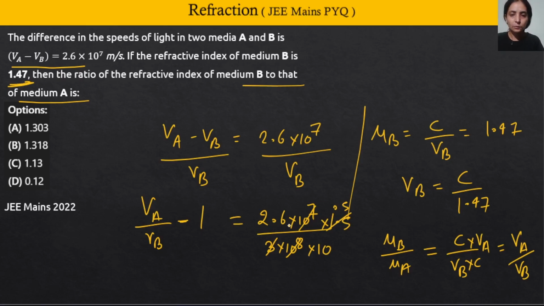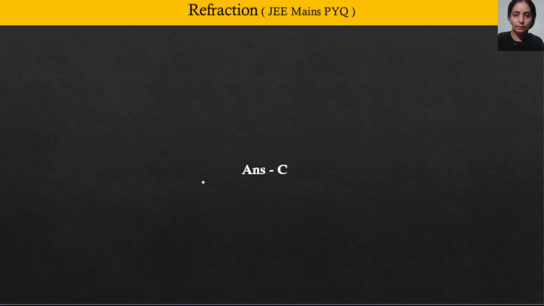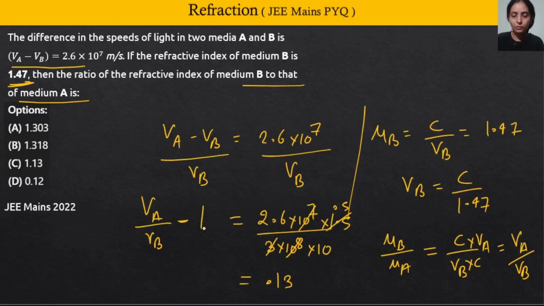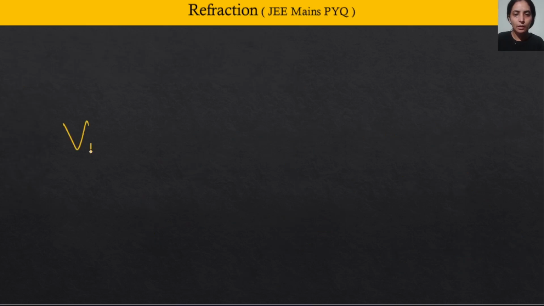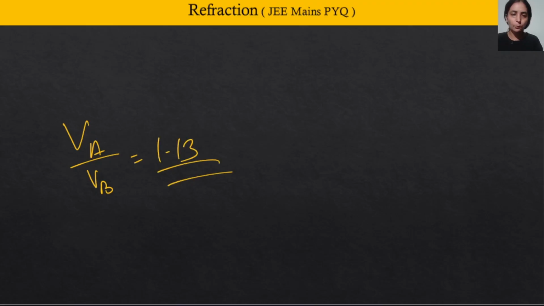So this will become 1.3 basically, and then this will become 0.13, right? So VA minus VB over VB is 0.13. Done. So the correct answer should not be B, it should be C. Let us check. Yeah, it should be C. So from here also, this is 0.13, adding 1 gives 1.13. So VA by VB is equal to 1.13. I hope you got it.